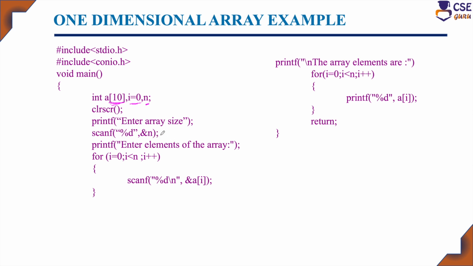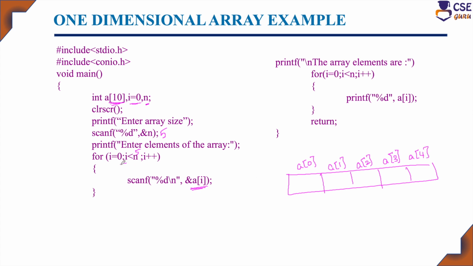Suppose I have entered 5, so the n value is 5, and it will store 5 elements from a of 0 to a of 4: a of 0, a of 1, a of 2, a of 3 and a of 4.